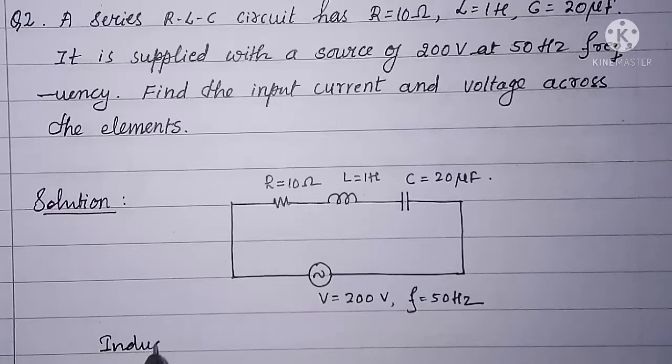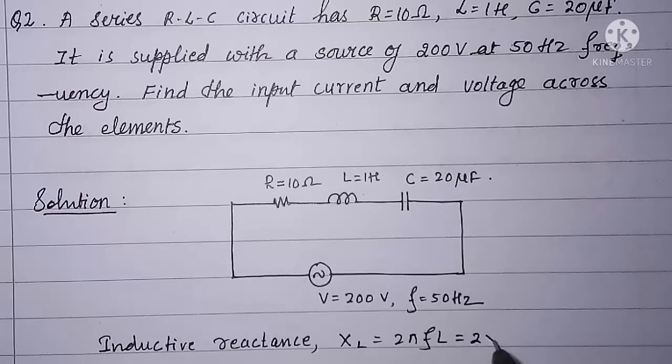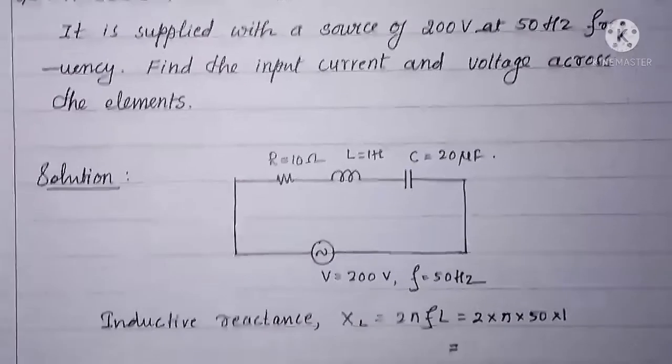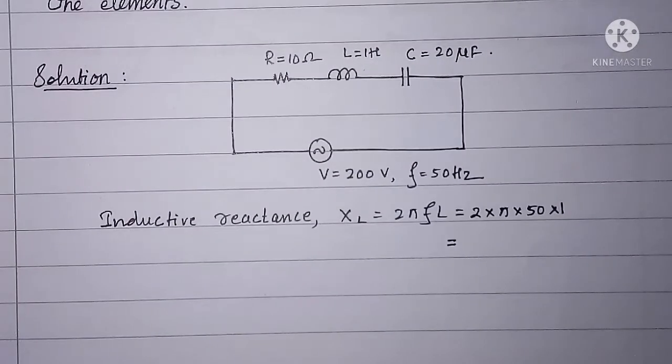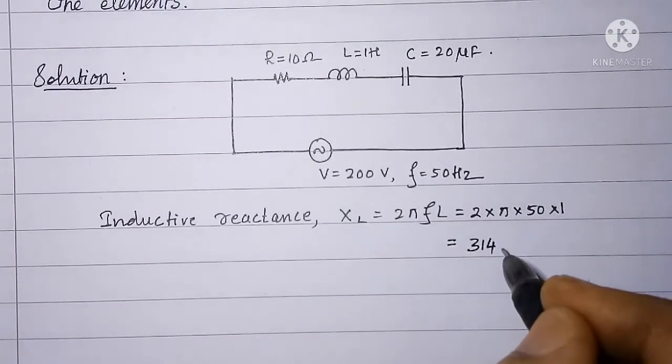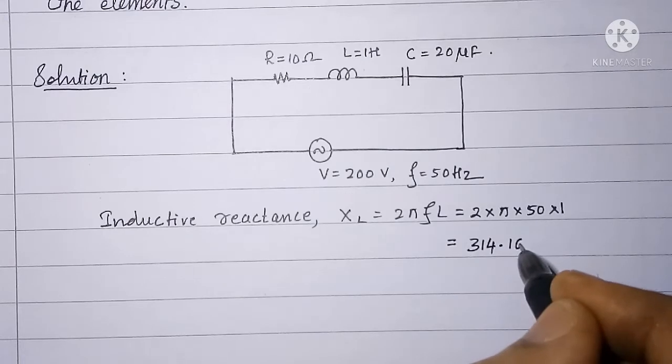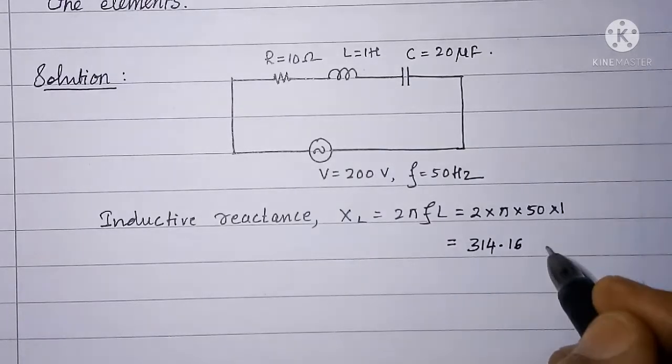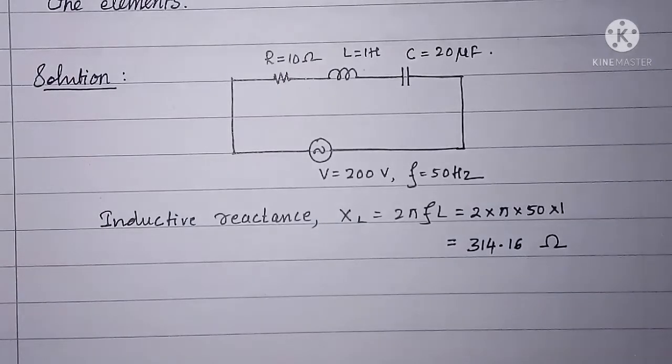So right here, inductive reactance XL equal to 2 pi FL, that is equal to 2 into pi into 50 into 1. On simplification we get 314.16 ohms.